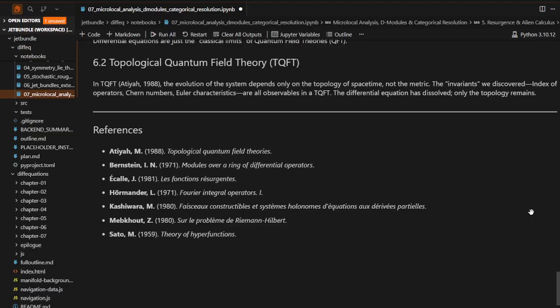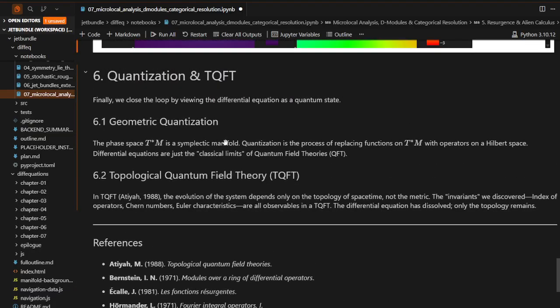The Riemann-Hilbert correspondence will allow us to topologize algebra. So D-modules algebraize, Riemann-Hilbert topologizes, and then resurgence theory allows us to extract non-perturbative truth and physicality from, and again, quantization. Quantization just, I guess, makes it quantum.